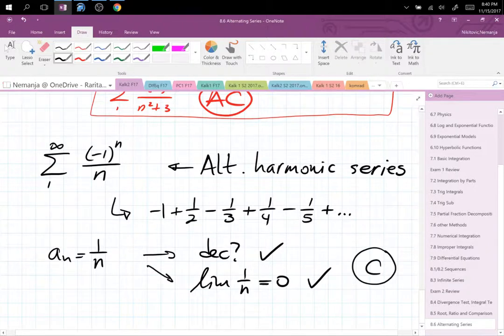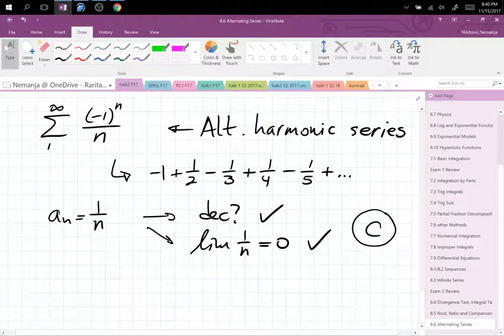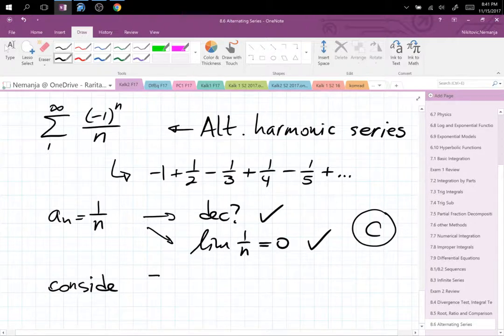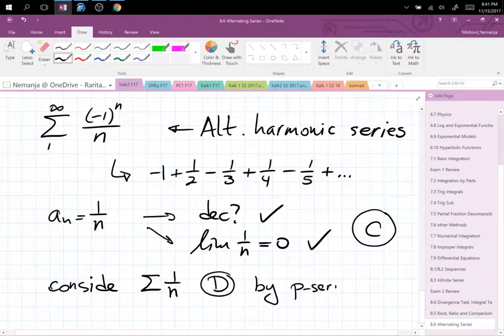It jumps on the convergence branch, right? And then we consider summation of 1/n, which diverges by p-series or integral test, whatever.